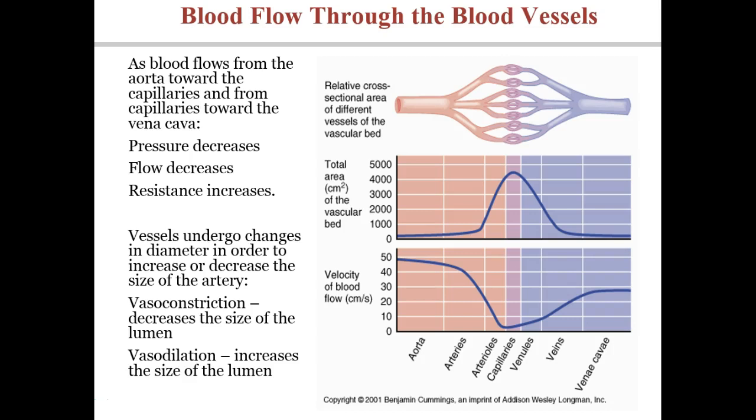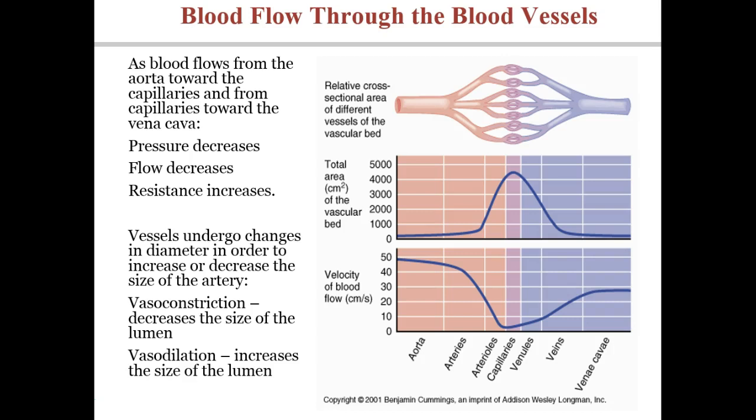And then in terms of the vascular bed, so in terms of how much geography that blood is covering, it vastly increases as you go to the capillaries and then drops off as you go to the vena cava. What this is saying is blood is under higher pressure as it leaves the aorta, lowest pressure in the capillary beds, but yet the blood spends most of its time, based on mass area, in the capillary beds.